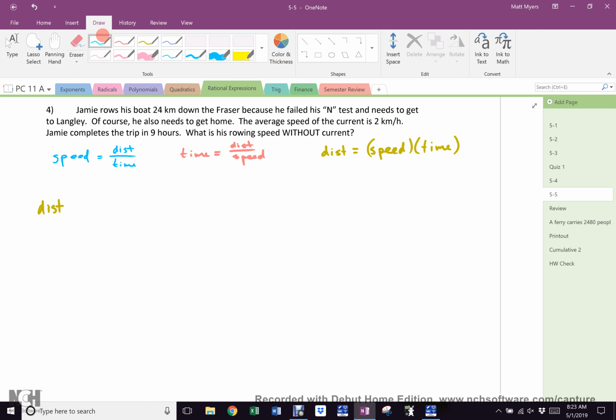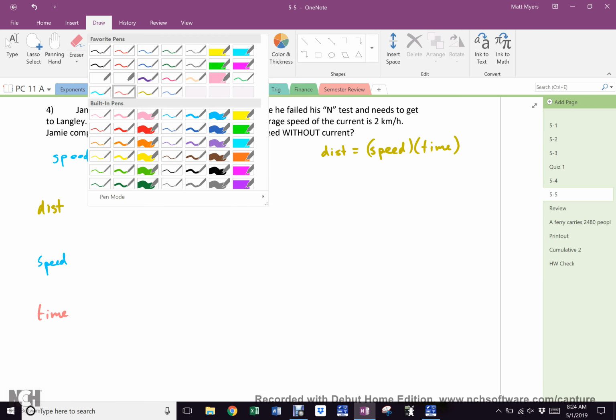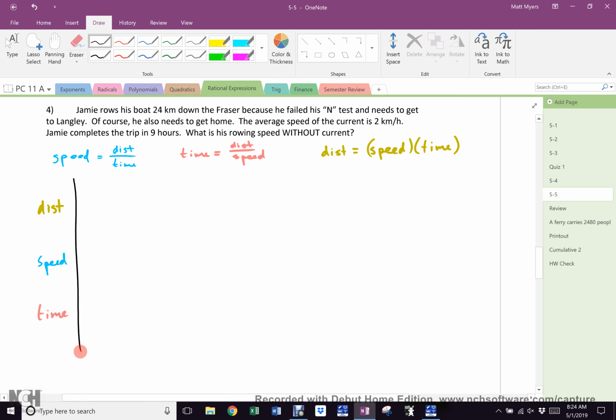We need to worry about speed. And we need to worry about what color to do time in, pink. Yeah? Okay. Now, what else do we need to worry about? Read the question and tell me what else we need to worry about. Read the question, ignoring my good comedy.